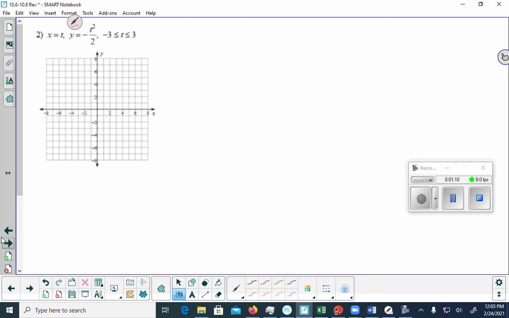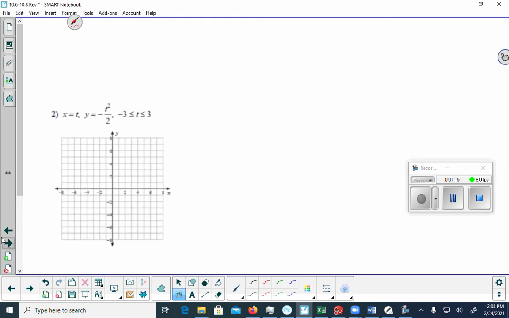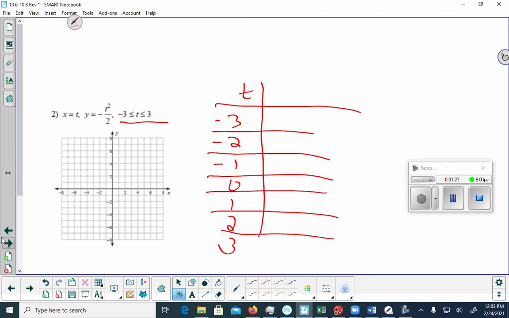Okay, number 2 is the same thing. I'm going to make a chart. This is not trig, and it gives me the interval from negative 3 to 3, so that's the numbers that I'm going to use. So x is equal to t, so that's easy.